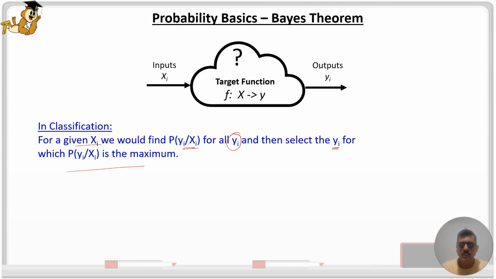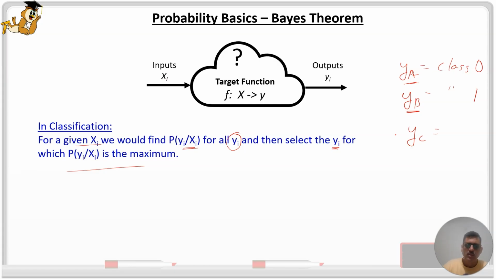So for example, let us say you were doing classification and you had two outputs. Y0 is one class, class 0, and Y1 represents class 1. So this is Y0 and Y1, two classes. If it's not binary classification, you could have YA, YB, YC, multiple output classes as well. And you are trying to map each input to one of these classes.